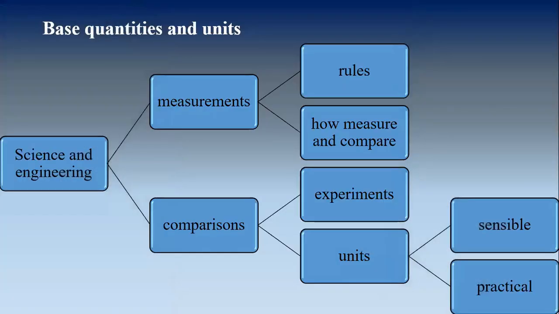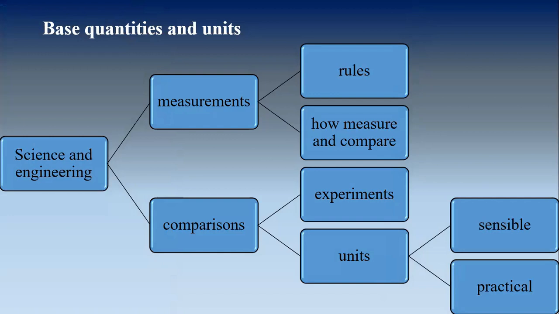Base quantities and units. Science and engineering are based on measurements and comparison. Thus, we need rules about how things are measured and compared, and we need experiments to establish the units for those measurements and comparisons.